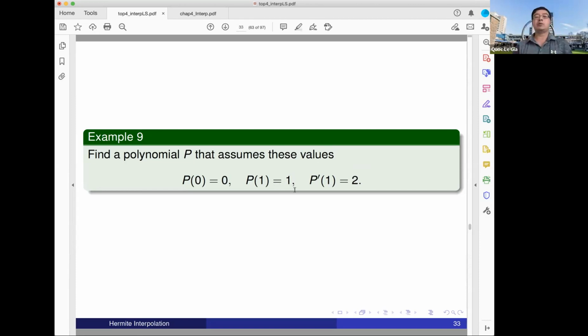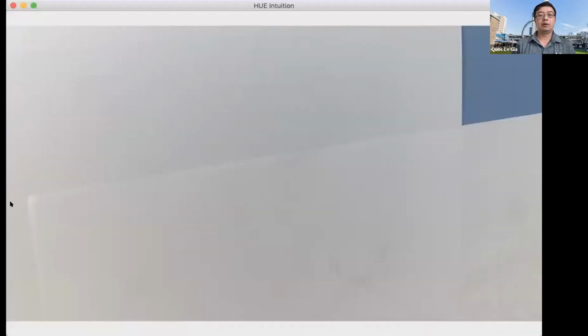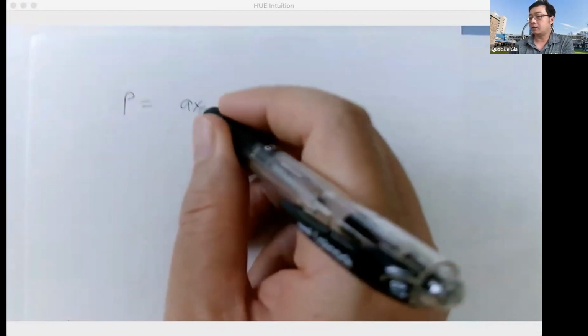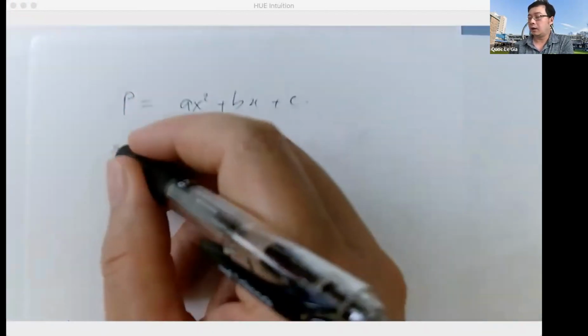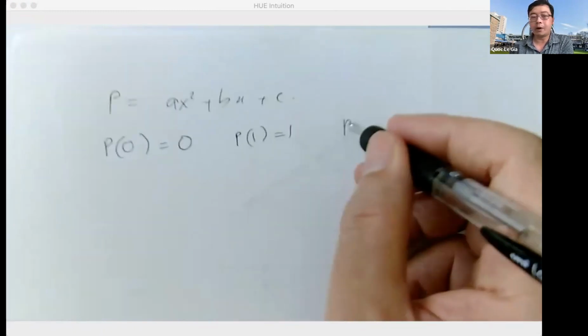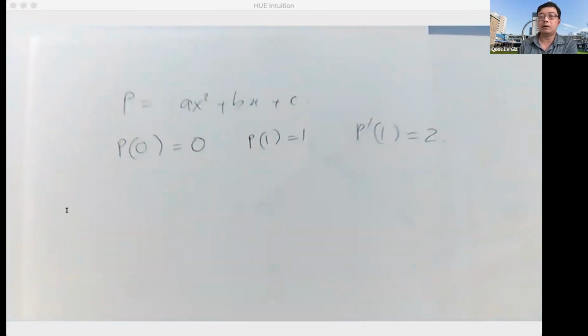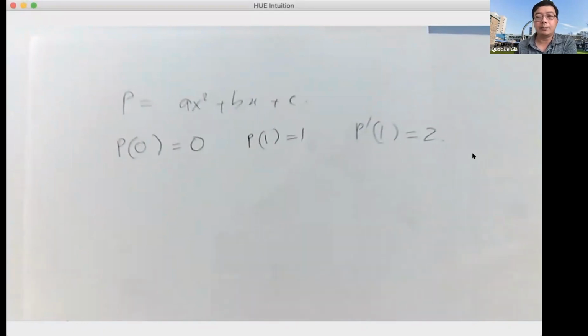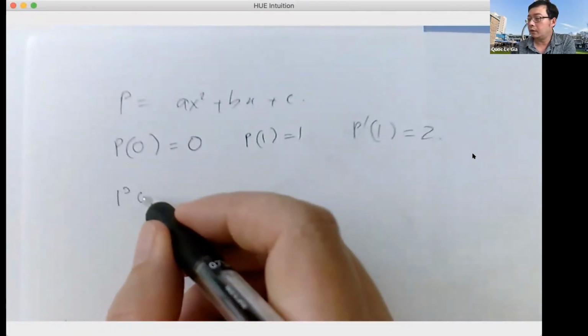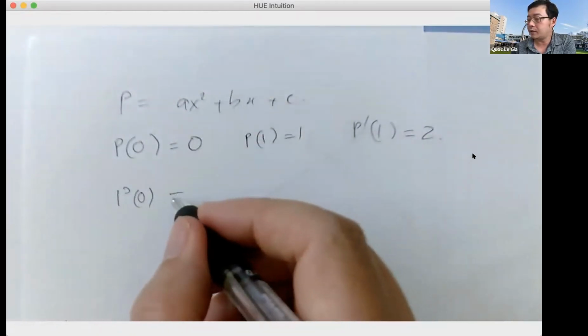Now suppose you try to solve it. I just take my p to be ax squared plus bx plus c, and I have 3 conditions: p(0) equals 0, p(1) equals 1, and p prime at 1 equals 2. If p(0) equals 0, I put 0 here, and I just have c equals 0.